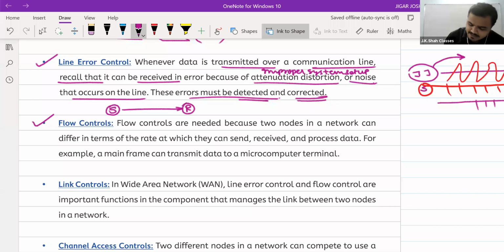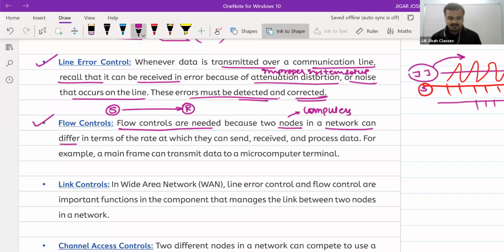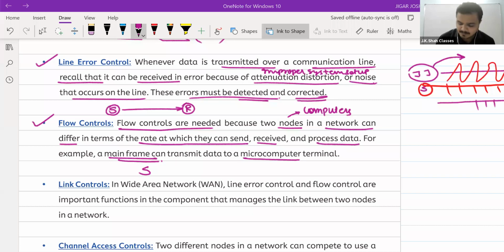See this. Flow controls are needed because two nodes, nodes meaning computers, in a network can differ in terms of the rate at which they can send, receive or process data. For example, a mainframe computer, that is the server, can transmit data to microcomputers, that is the client's computer.